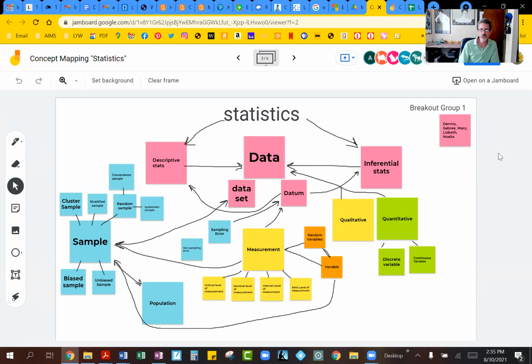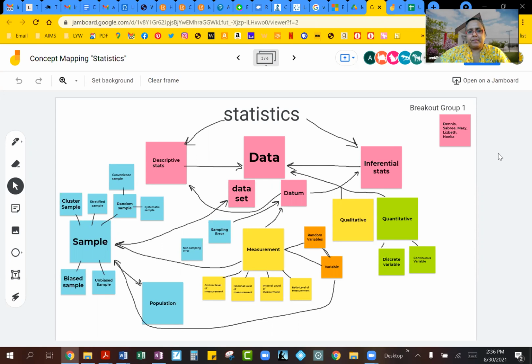Your measurements, how you're measuring things, can be of 4 different levels. Measurements and how you choose and get your sample can be influenced by different variables. Your descriptive stats come strictly from a number, basically a fact, where your inferential comes from either qualitative or quantitative data.